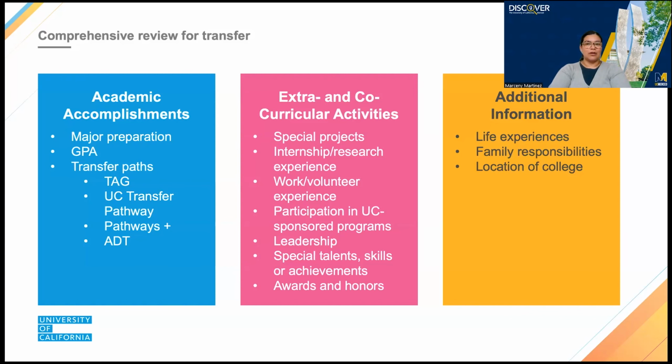The faculty-approved comprehensive review factors for transfers include the 7-course pattern, major preparation, grade point average, participation in honors courses or programs, special talents, achievements, and awards, completion of special projects, academic accomplishments in light of life experiences and special circumstances, location of the college and your residence, and completion of a UC transfer pathway or associate degree for transfer. These factors are intended to help readers gain more insight into the academic and personal context of students in their own environment. Next slide, please.